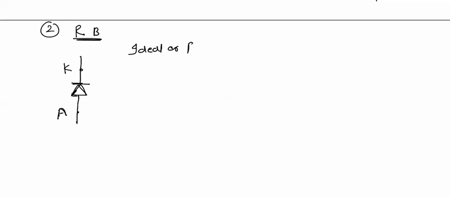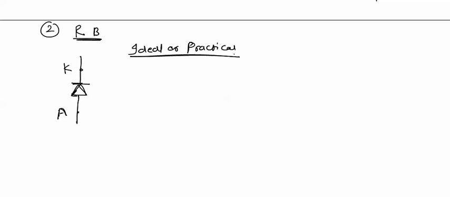Second case, if a diode is reverse biased, we will have to replace it with its equivalent circuit. I will interchange the terminals of diode. This is cathode terminal and this is anode terminal. Suppose this diode is reverse biased, and in the problem it is given that it is ideal diode, or even it is practical diode.